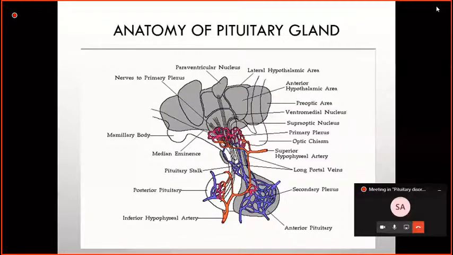So anatomy is important, and you also have to understand the anatomy of the vessels or veins that run from the hypothalamus to the pituitary, as well as the nerve plexus.